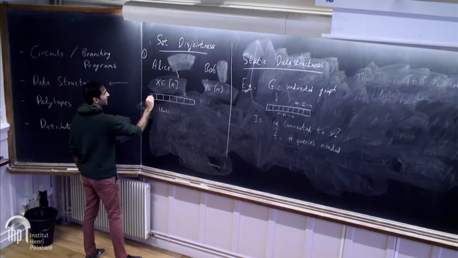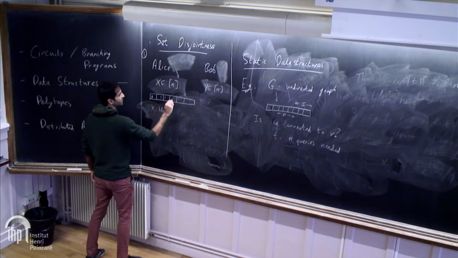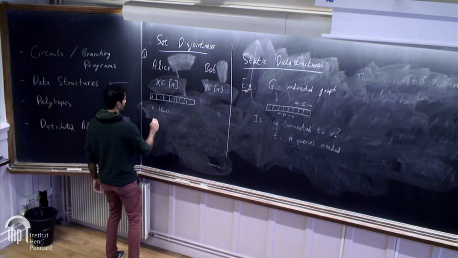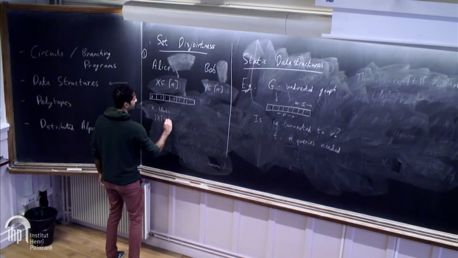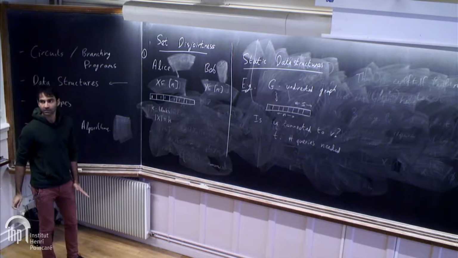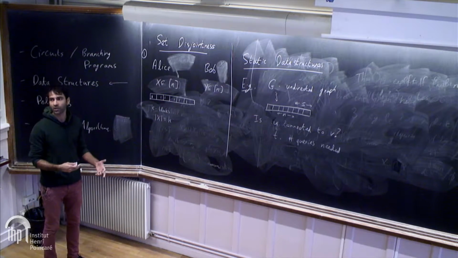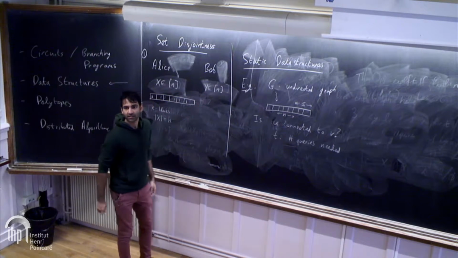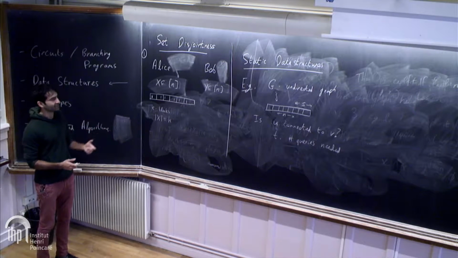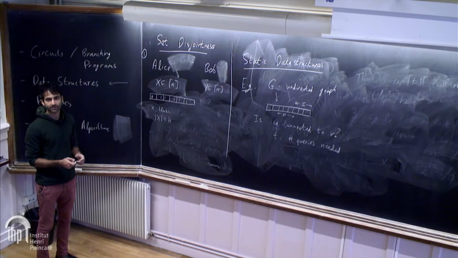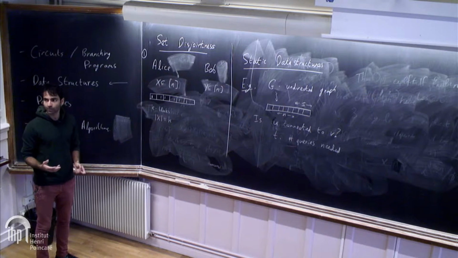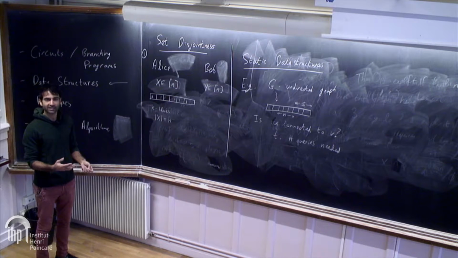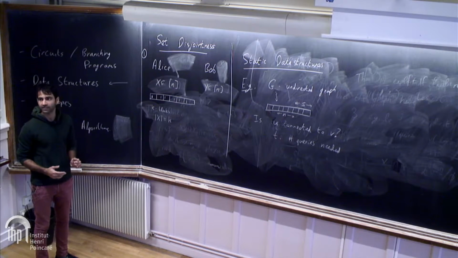In each block, X will have exactly one 1. So the size of X is going to be k, which we think of as much smaller than n. And Bob has, as before, an arbitrary set. The problem is lopsided because Alice has a small set of just k elements, which means the trivial protocol is that Alice just sends her set, which takes k log n bits of communication.